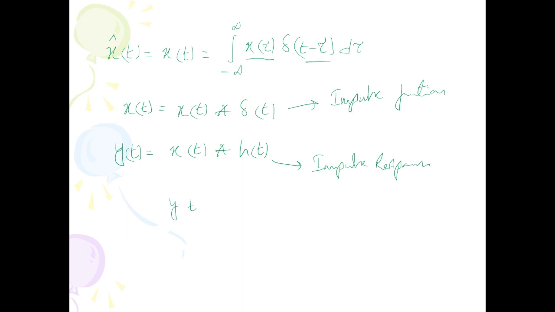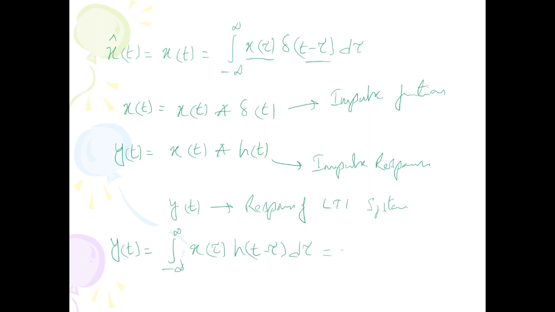So y of t is the response of the LTI system. This equation is called the convolution integral. So y of t is equal to the integral from minus infinity to plus infinity of x of tau h of t minus tau d tau, which is equal to x of t convolution with h of t.